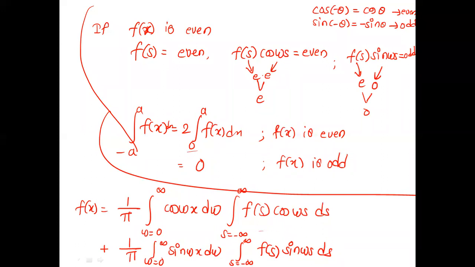If this is odd, the integration is 0, and integration of odd is directly 0. So this value is 0 and the whole part is 0. So the only thing remaining is this, with 2 times 0 to infinity of this integration. But when your function is even, correct.